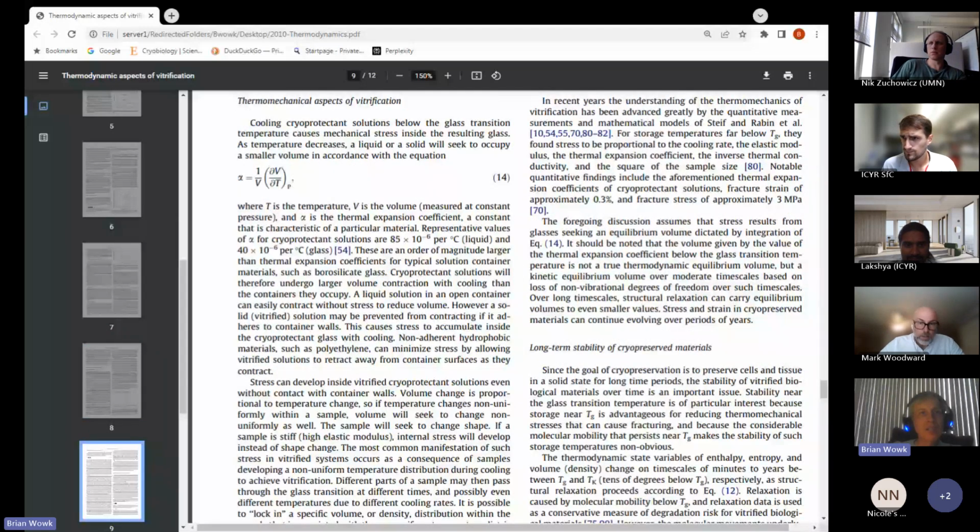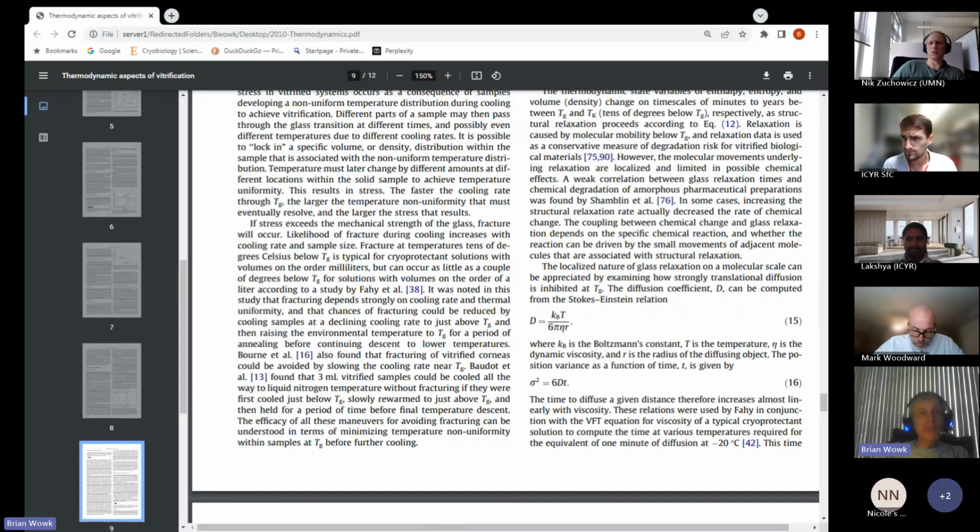So the Stokes-Einstein equation, equation 15 in the paper, relates the diffusion coefficient to the viscosity of the solution, which in turn can be converted into a mean distance diffused as a function of time, which is what the diffusion coefficient relates to.